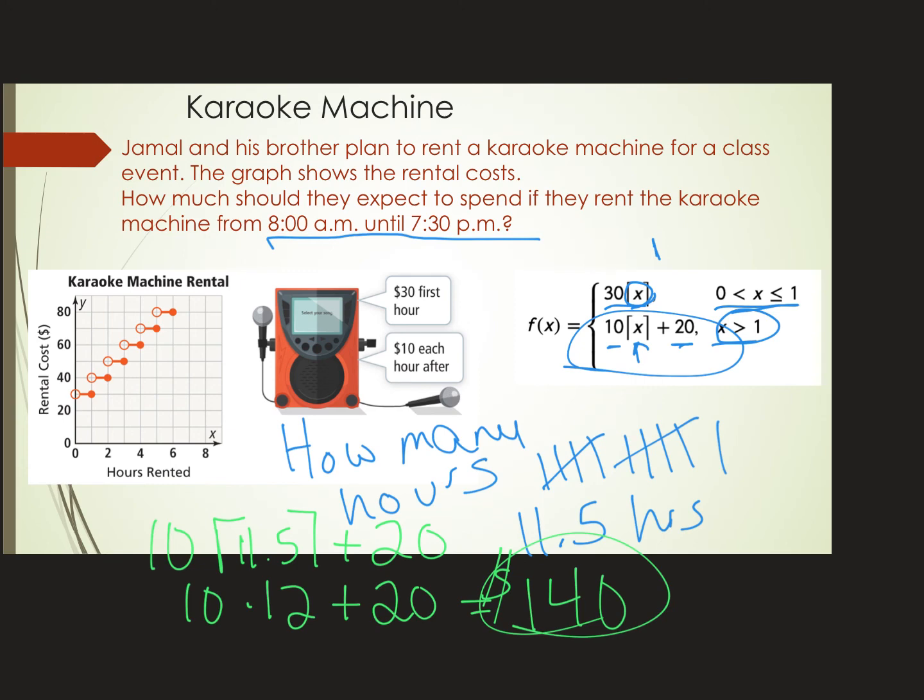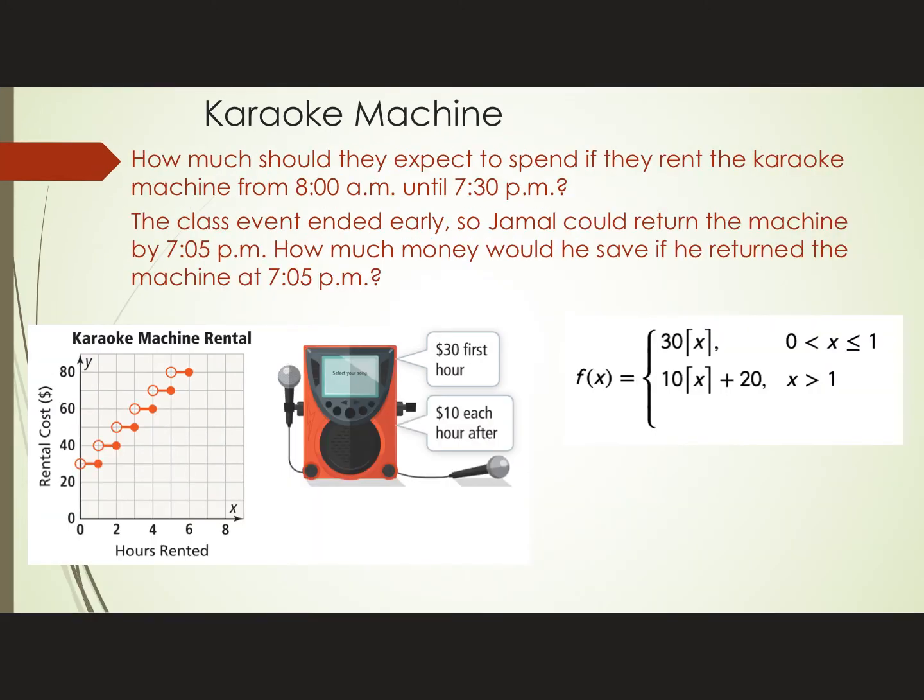So now let's look at something else. If the class event ends early, so Jamal could return the machine by 7:05, how much would they save if they returned it by 7:05? So instead of 7:30, they can return it at 7:05. So instead of 11.5 hours, they're going to have it for 11.1.